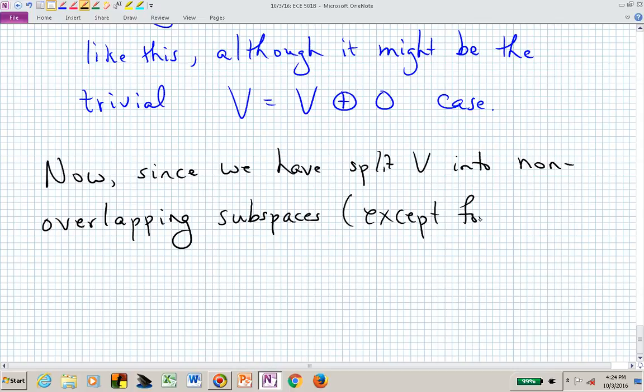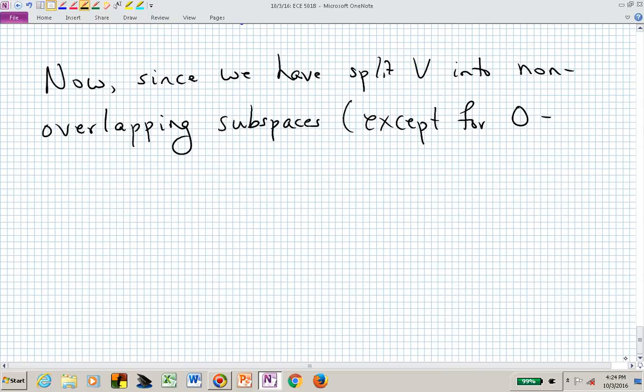That's now a vector in our vector space. And the reason is that to be a subspace, a subspace needs to contain this additive identity, or the zero vector.